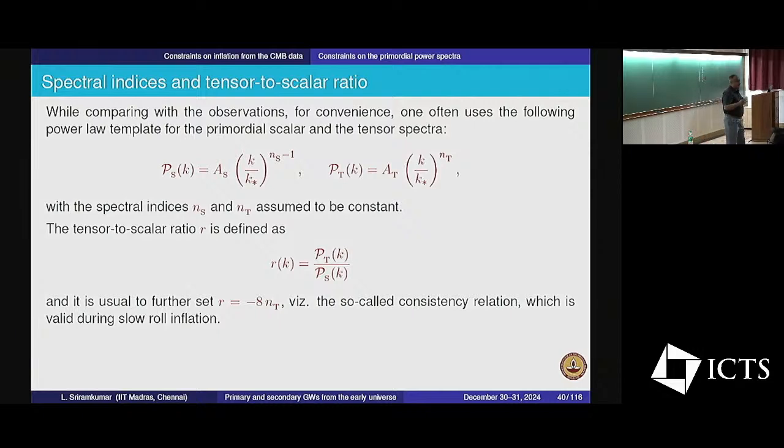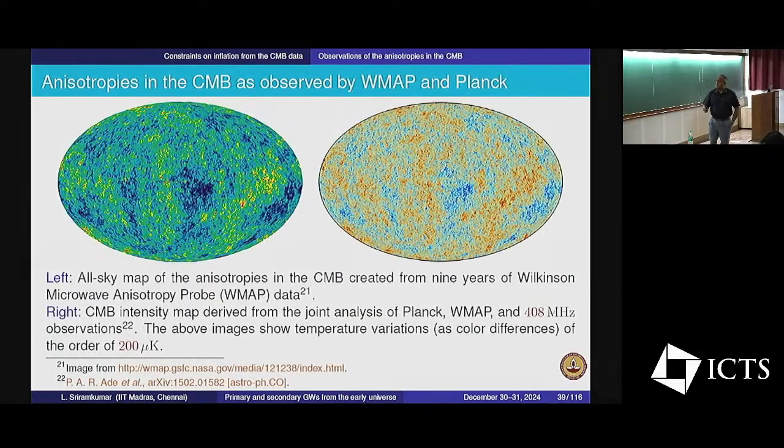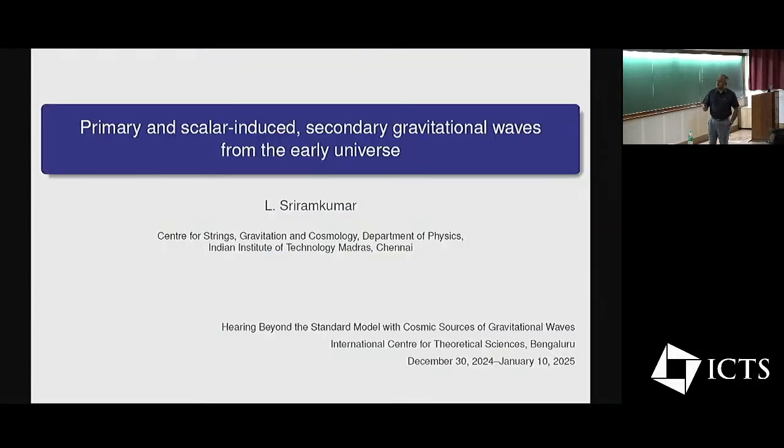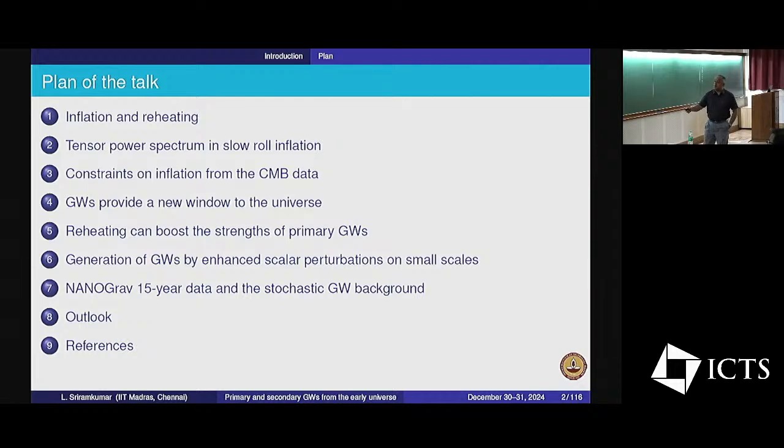I will also narrate the story of why people started discussing these situations where you have enhanced power on small scales. Coming back to my slides, okay, so then I will go on to discuss how such gravitational waves generated by enhanced scalar perturbations can fit the NANOGrav data very well.